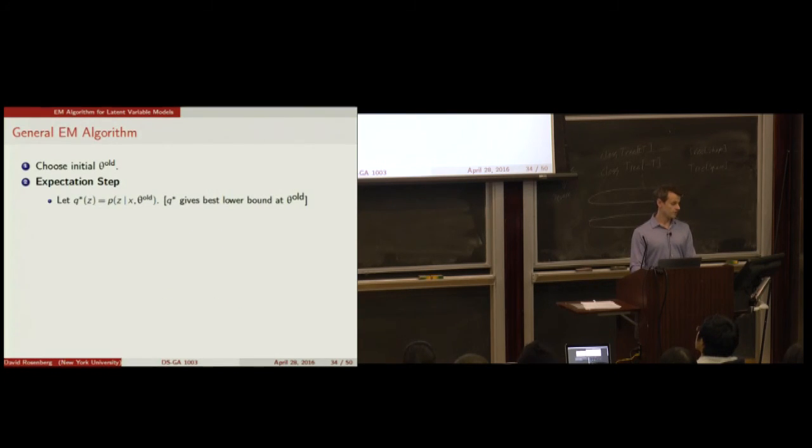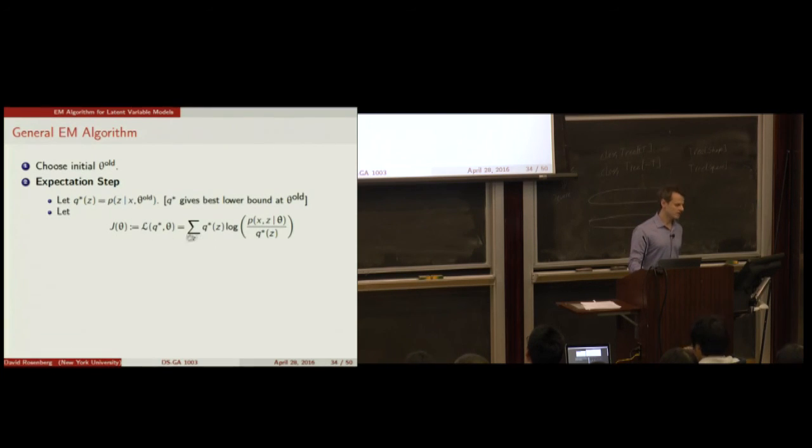All right. So now we can talk about our general EM algorithm. We alternate between maximizing Q and maximizing theta. The expectation step is when we find this Q star, which is we just set Q star equal to this conditional distribution.